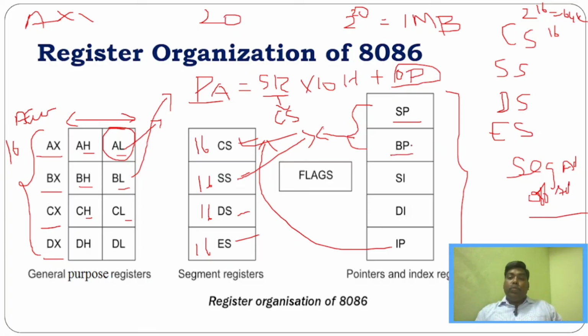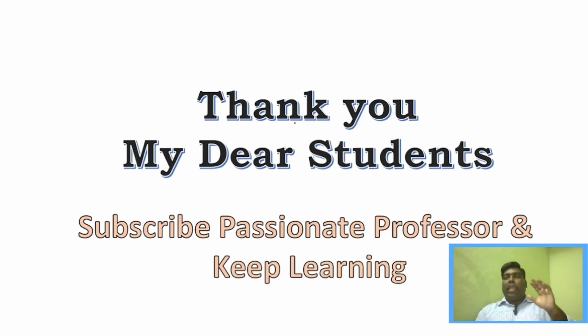Similarly, SI, the source index, acts as the offset pointer for DS, and for ES, the extra segment, DI acts as the offset pointer. So to calculate the physical address, these act as offset pointers for all these segment registers, right? I believe you have got the basic information about the register organization and the features of 8086.